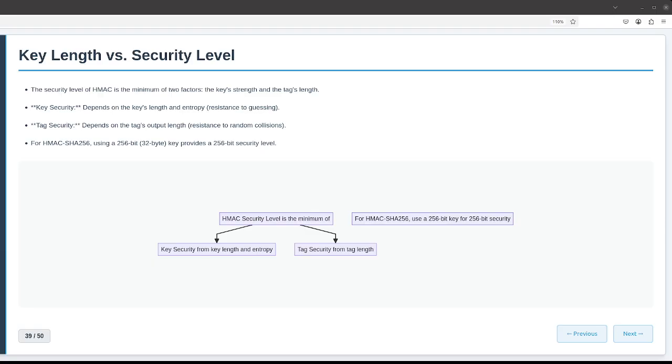The overall security is generally considered to be the minimum of these values. For HMAC SHA 256, the hash output is 256 bits. If you use a 256-bit key with high entropy, you achieve a 256-bit security level, which is exceptionally strong. Using a key shorter than 128 bits is not recommended.